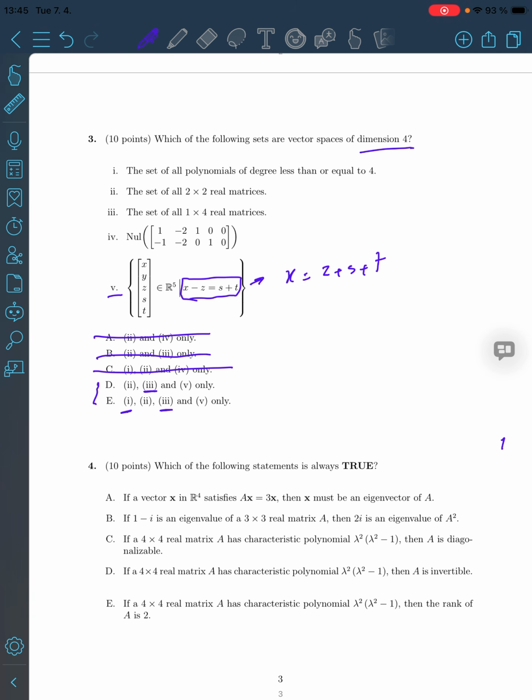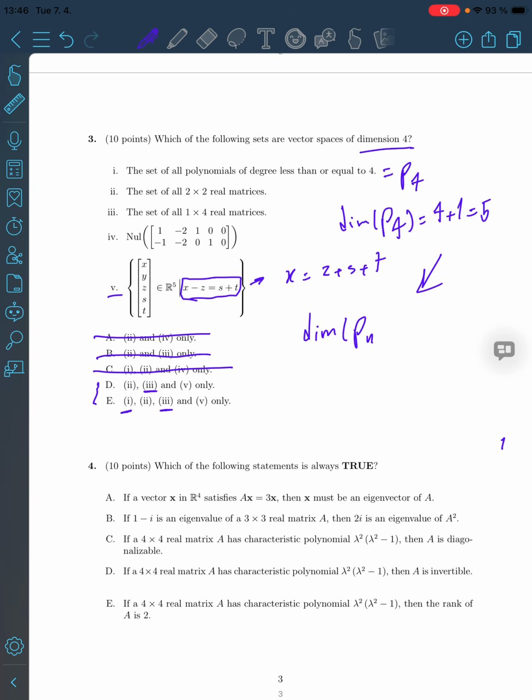If you check the first one, all polynomials of degree less than or equal to 4, this basically means P4, and we know that the dimension of P4 is 4 plus 1, which is equal to 5. Don't forget that this is a typical mistake that some of the students make.